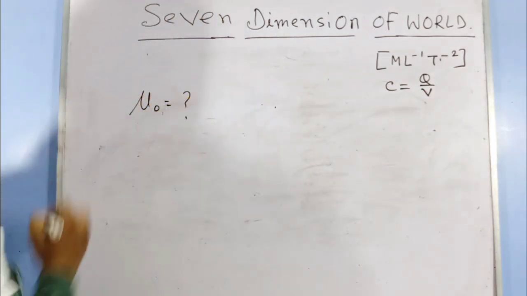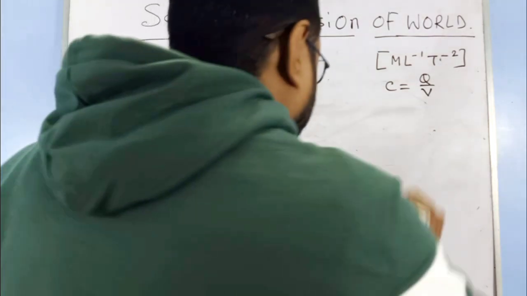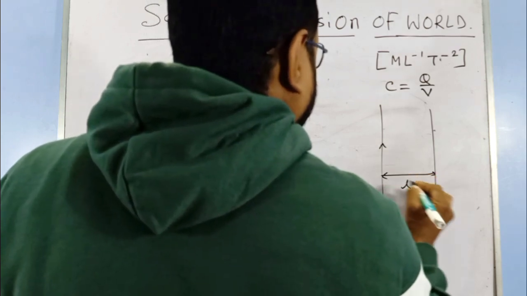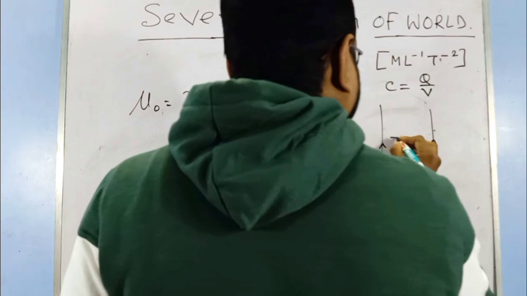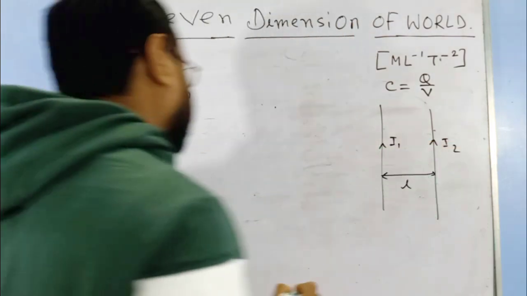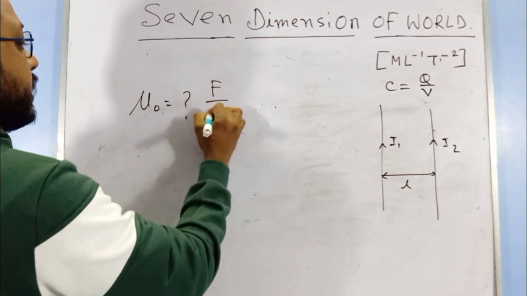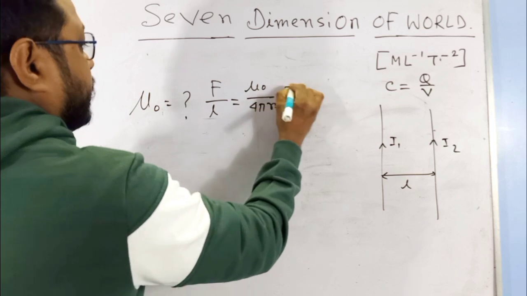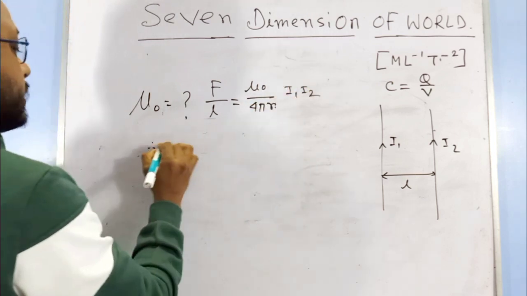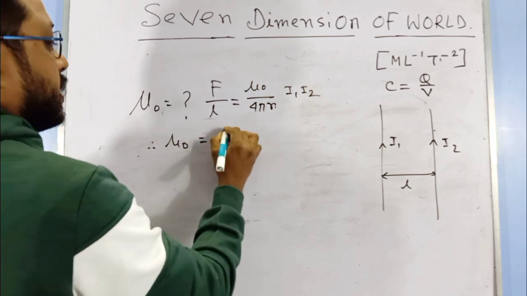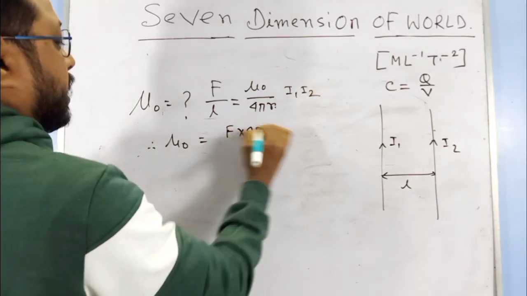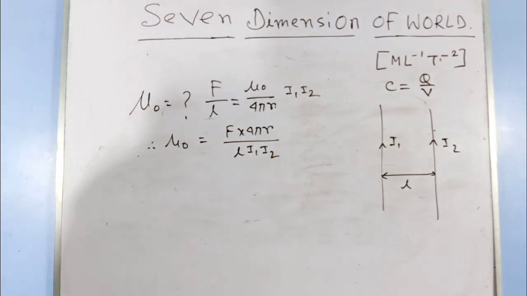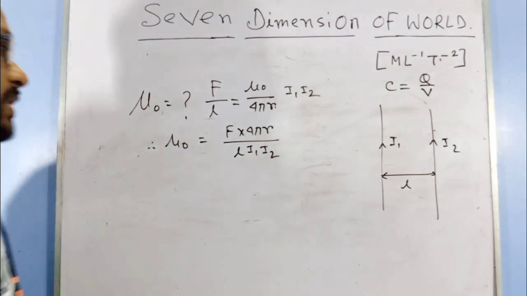When two wires carry current in the same direction, if their distance is r and the currents are I1 and I2, then the force per unit length between the wires is given by mu 0 by 4 pi r times I1 I2, that is mu 0 equals F into 4 pi r by L I1 I2. From this equation you can easily find out the dimension of permeability of free space.